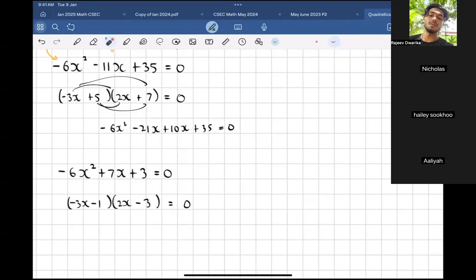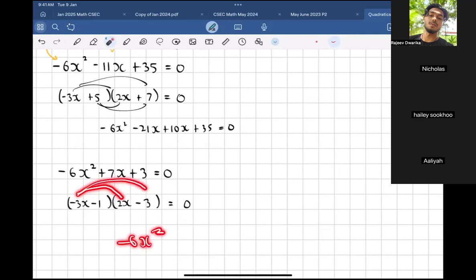I kind of get puzzled sometimes with getting back the middle term and the last term. Just expand it out fast and see if you get through. So watch again. What is minus 3x by 2x? Minus 6x squared, right?